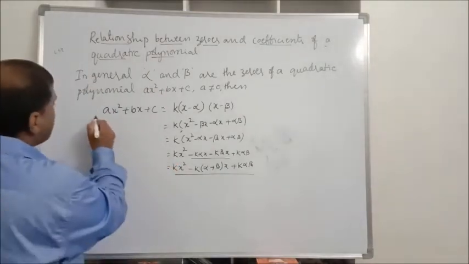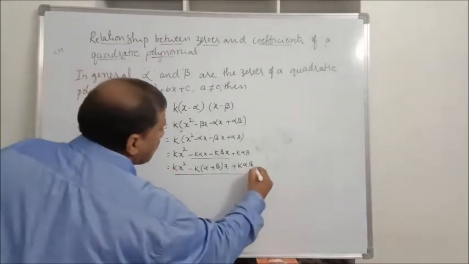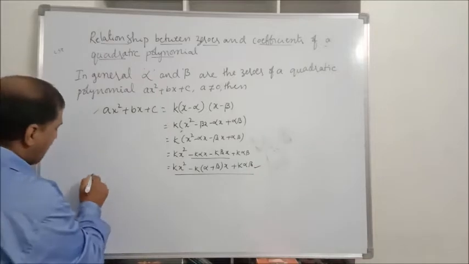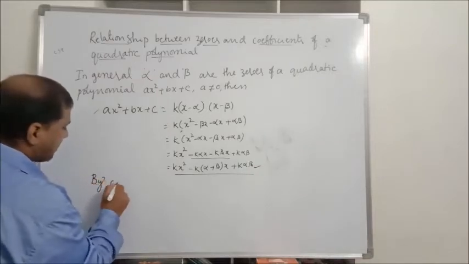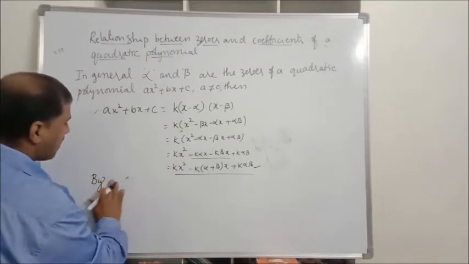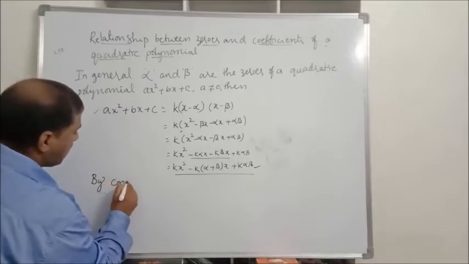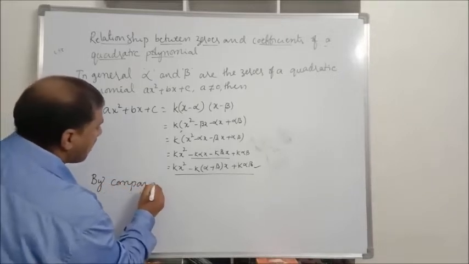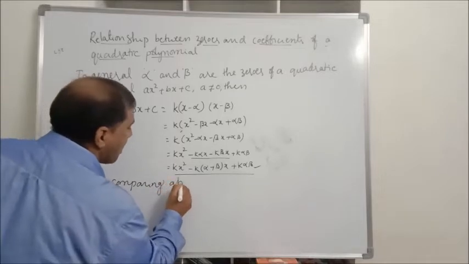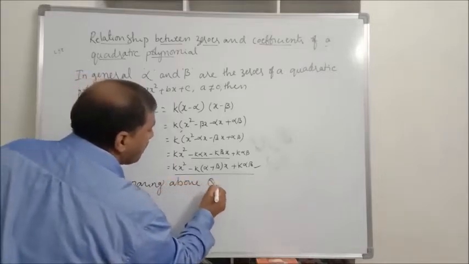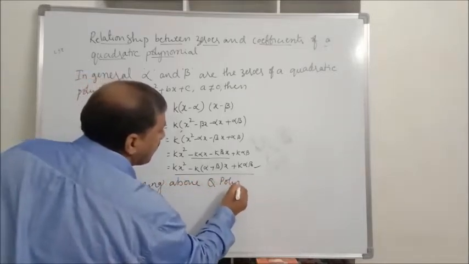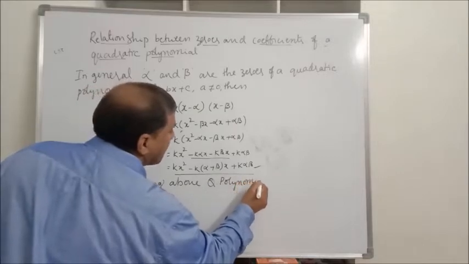Now by comparing the coefficients of the above quadratic polynomials, what can we write about their coefficients?